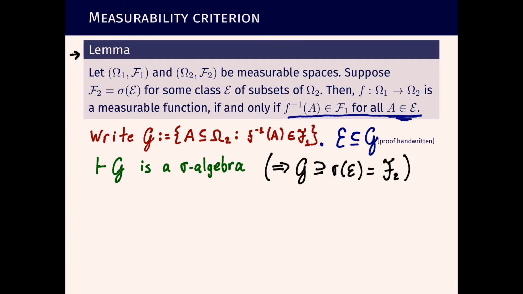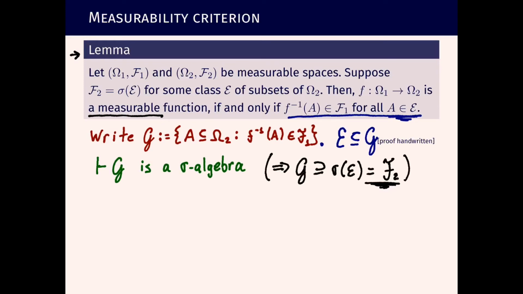And this is exactly what we want to prove: that all sets in F2 are such that their pre-image is in F1. That's what it means to be measurable.